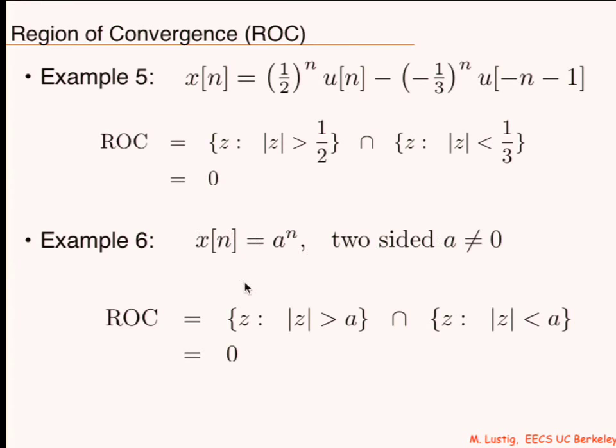As it turns out, this two-sided sequence doesn't converge either. Bummer. The reason it doesn't converge is because on the negative side it goes to infinity. It depends on what a is. If a is less than 1, then the negative side is going to go to infinity. If a is bigger than 1, then the positive side is going to go to infinity.